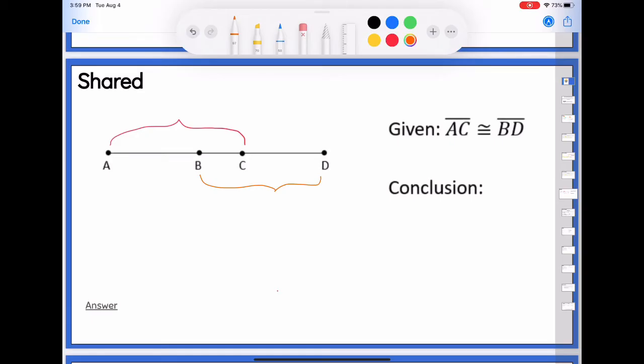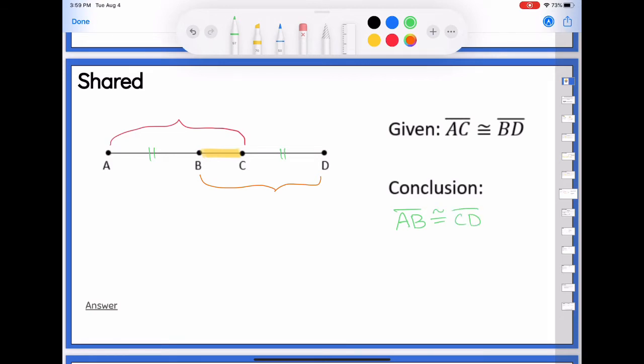Hopefully you're in the zone now with our drawing conclusions and you are recognizing, oh, if the big parts are congruent and I take away this segment BC from both of them, then these smaller parts must be congruent as well. So AB would be congruent to CD.